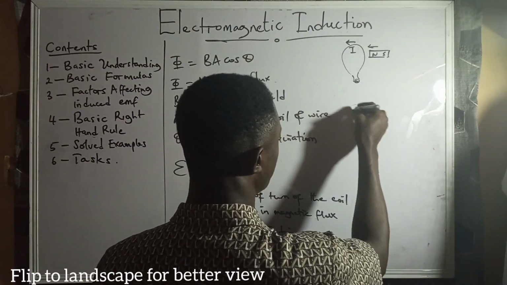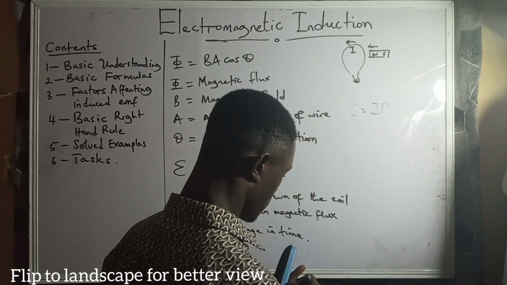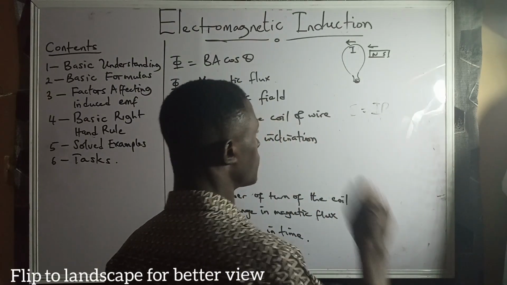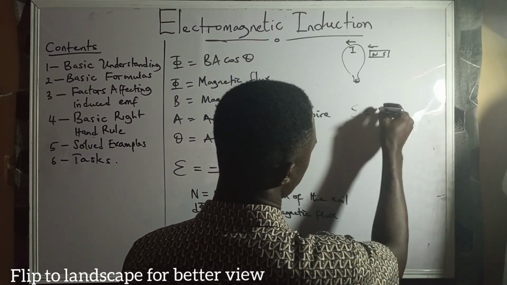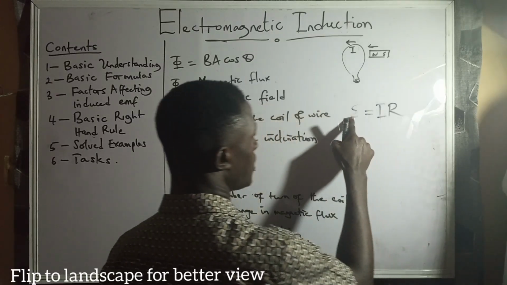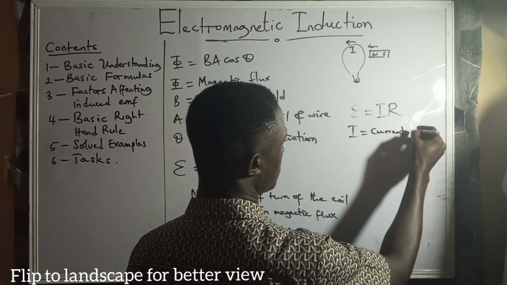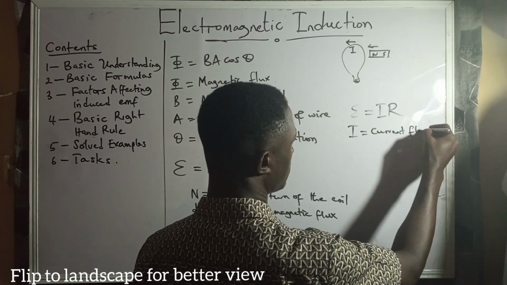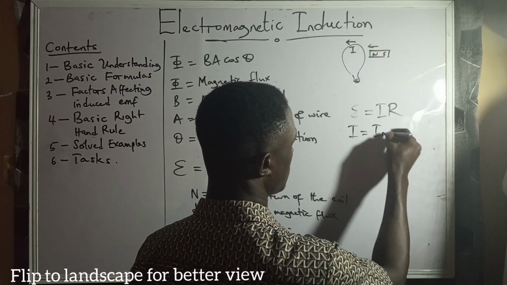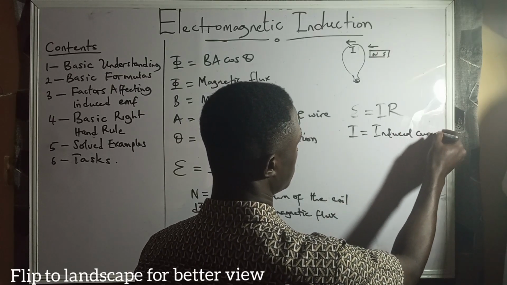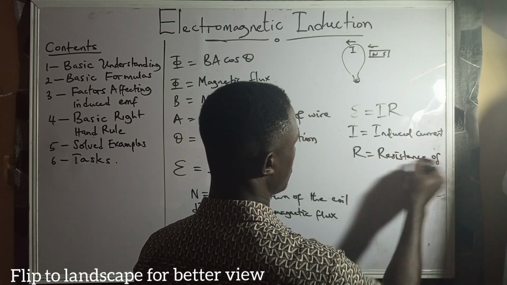Then another formula that I need you to take note of is E is equal to IR, meaning that I is the induced current, and R is the resistance of the coil.